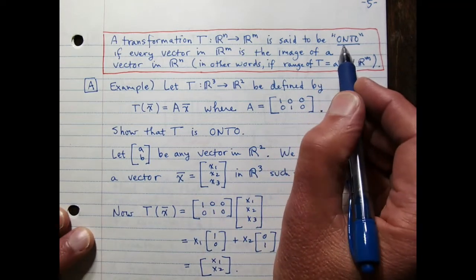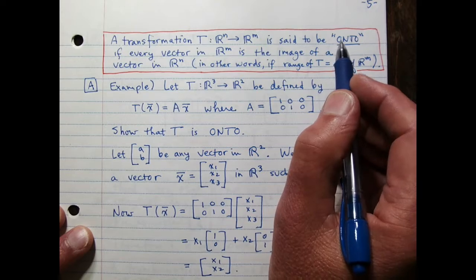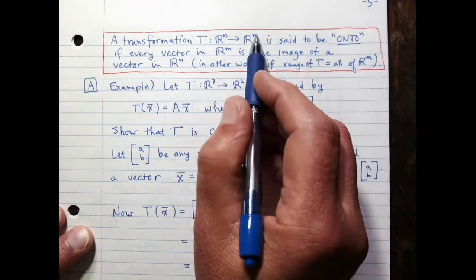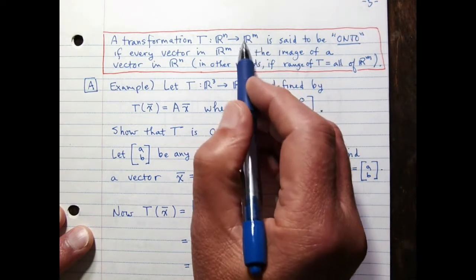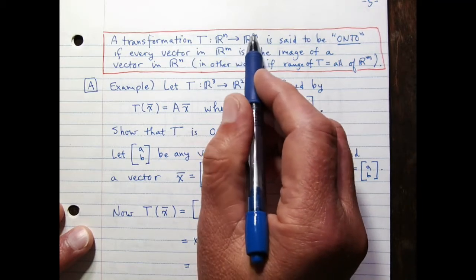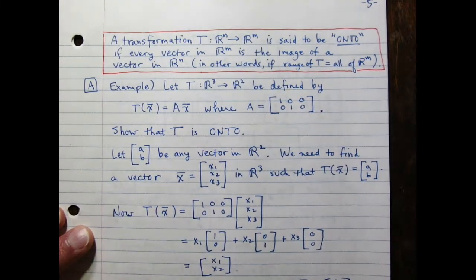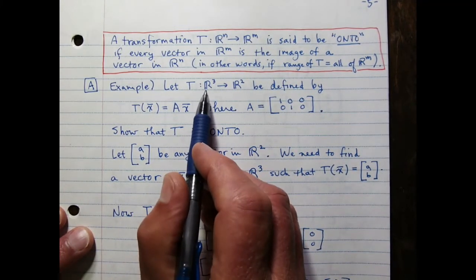The reason we use the word onto is the idea is that the images of this transformation cover the entire codomain space Rm. So it's onto the whole thing. There's no vector that's missed as an image. Let's look at an example.